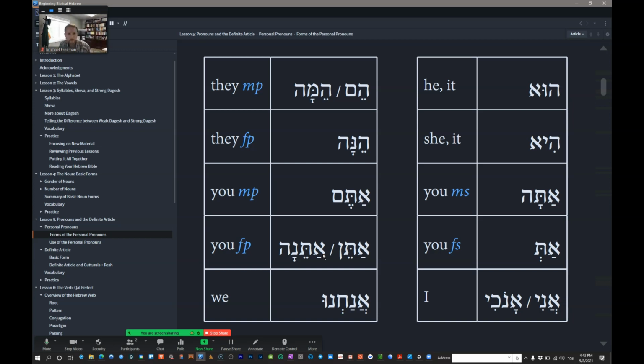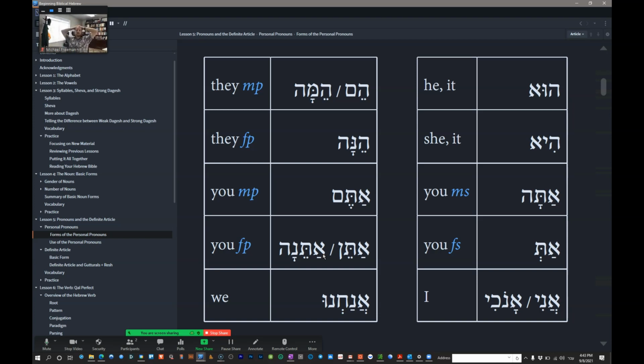All right. When we're looking at that pattern, which is the primary pattern in biblical Hebrew, the reason why we start at the top with the third person is because the third person masculine singular form is the most simple and basic form, and all the other forms are built on top of that.